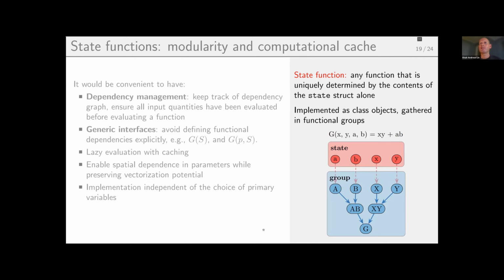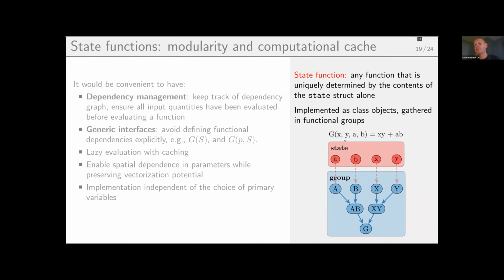For this, we have introduced a state function. So a state function is any function that is uniquely determined by the state structure that contains the reservoir state. So that would be the pressure, the saturations, component concentrations, and so on. And this is implemented as class objects in functional groups.